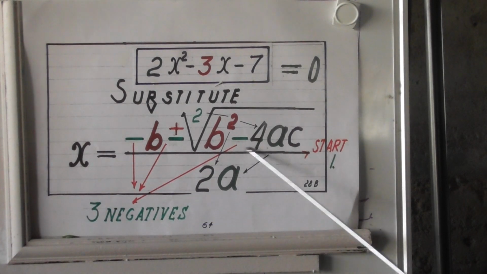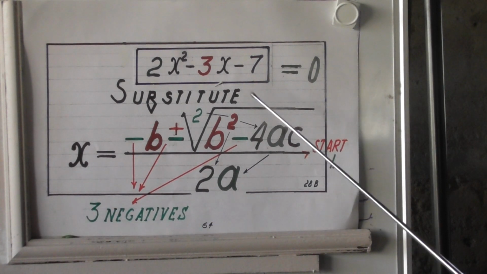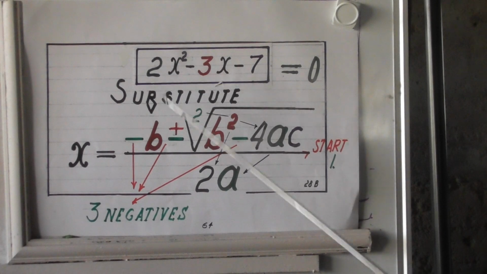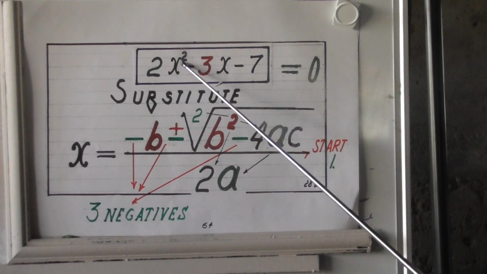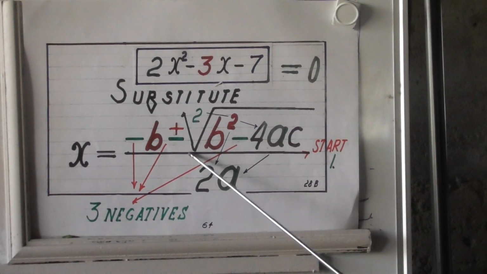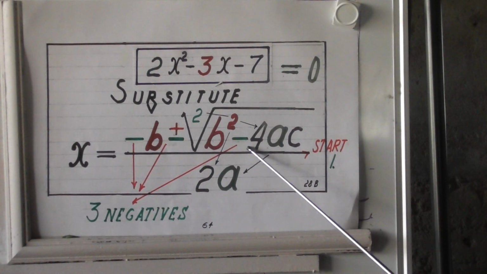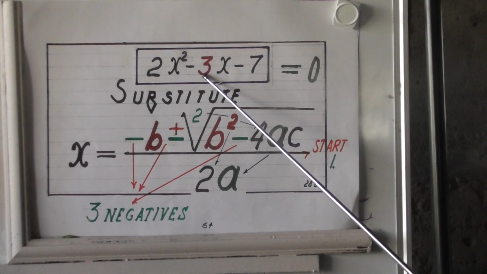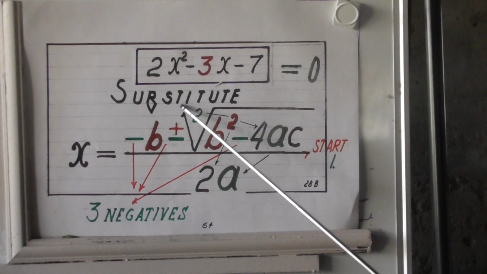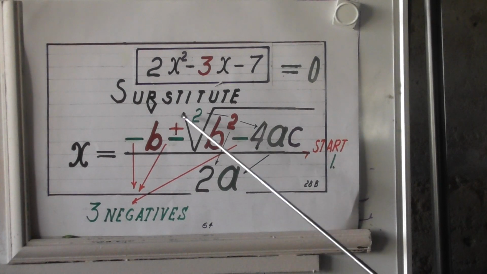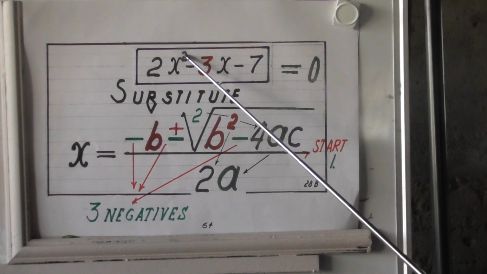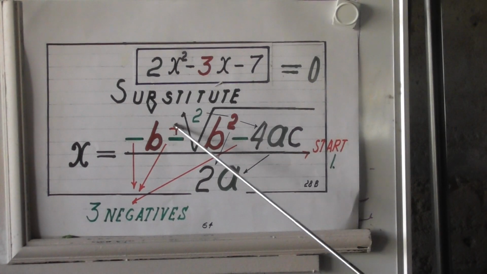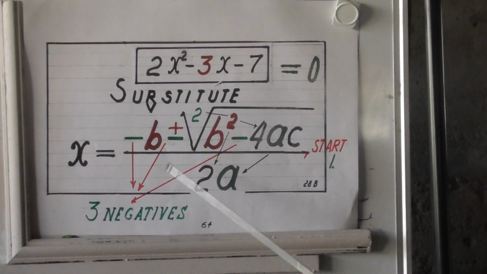X line. Two of those. Opposite of square is square root. Your 3 negatives. You start with the middle. That is B. We have x squared, x to the 4, two possibilities.